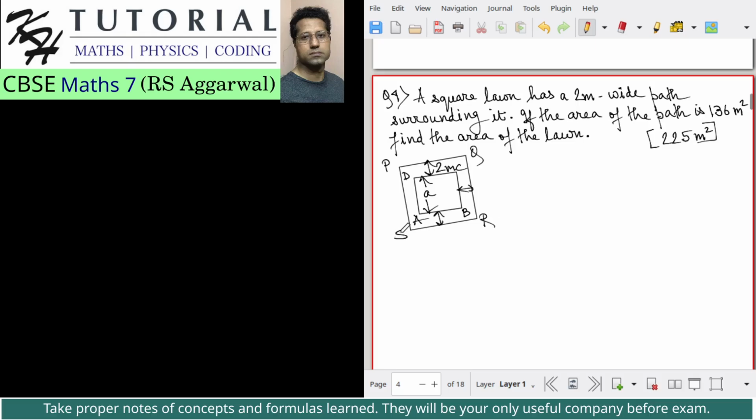So PQRS is the outer edge of the path that is surrounding the square lawn, and ABCD is the lawn. So area of path is equal to area of the outer edge of the path PQRS minus area of the square lawn, that is ABCD. Okay.